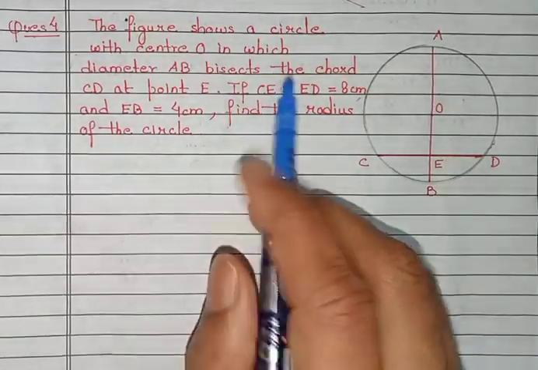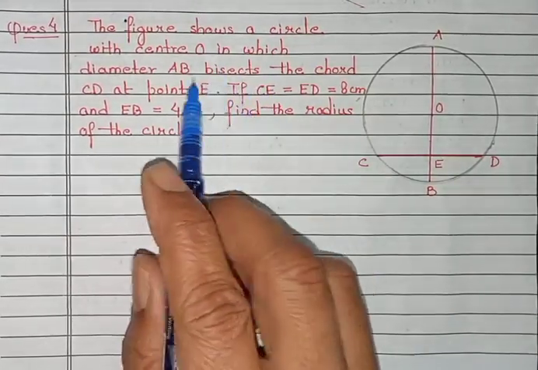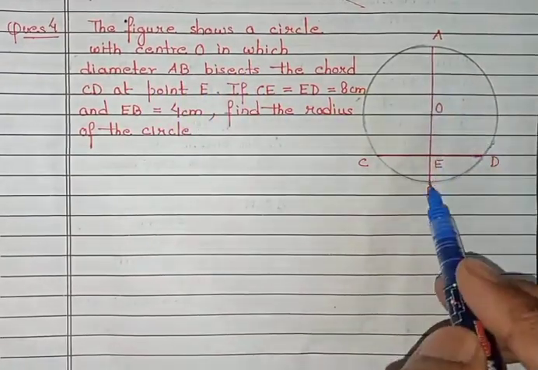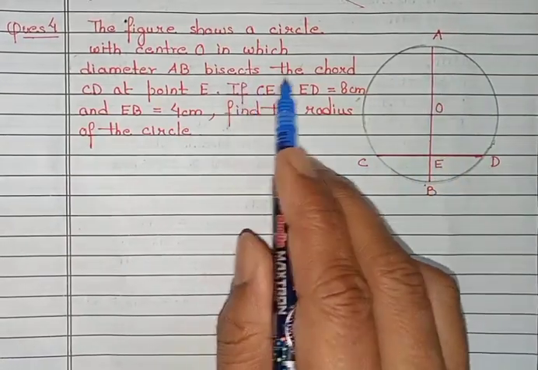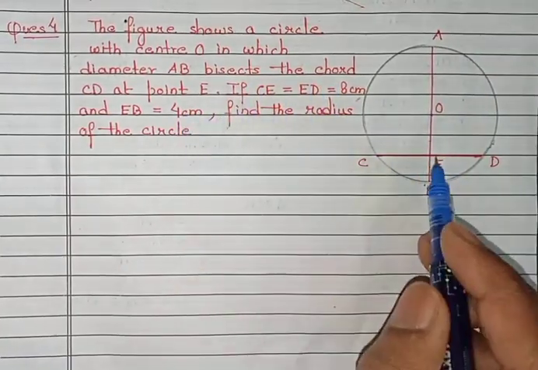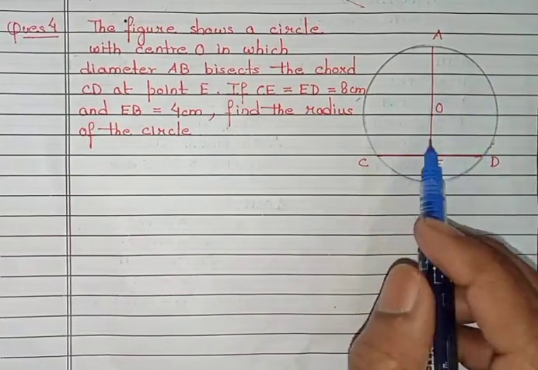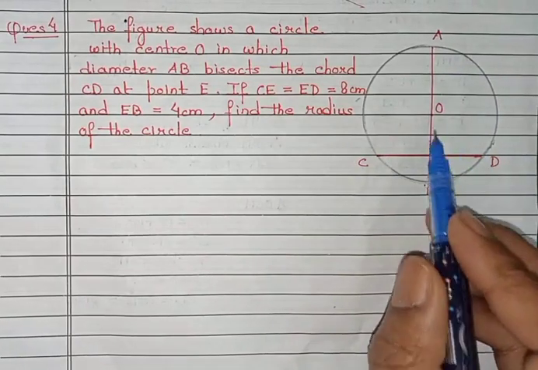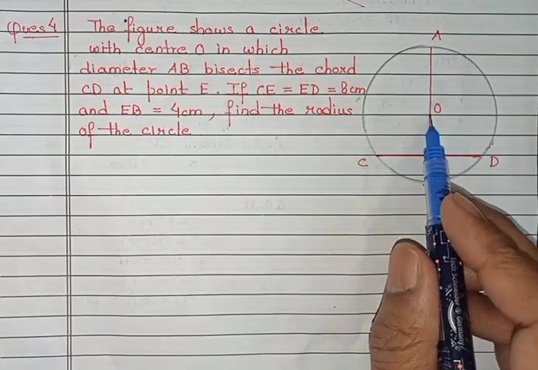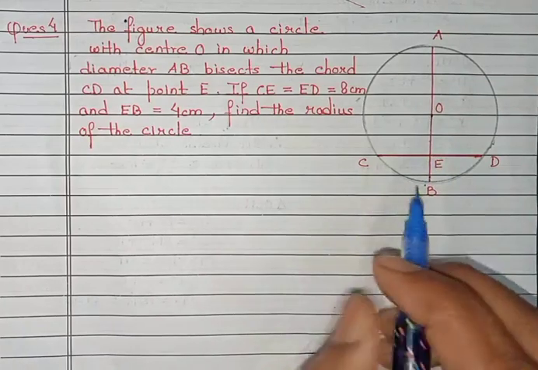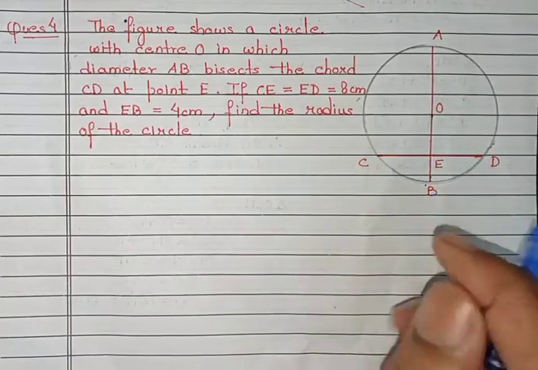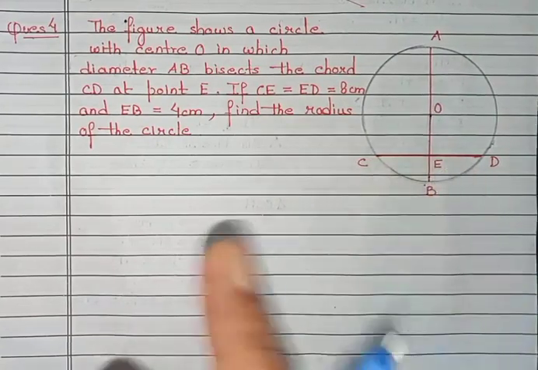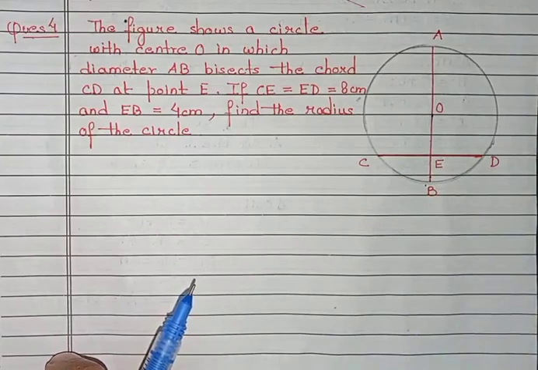Question number 4. Question number 4 says the diameter AB is the diameter, and diameter AB is bisecting the chord CD at E. Now if you see the diagram, here in the diagram you can see that chord CD is being bisected by a line coming through the center. And we have a theorem that a straight line drawn from the center to bisect a chord is always perpendicular to the chord.